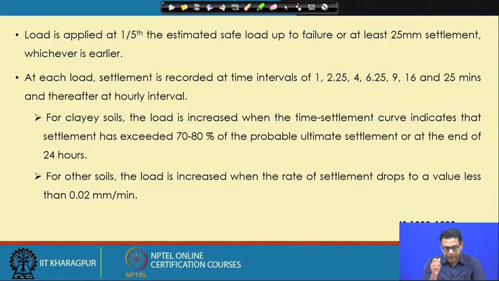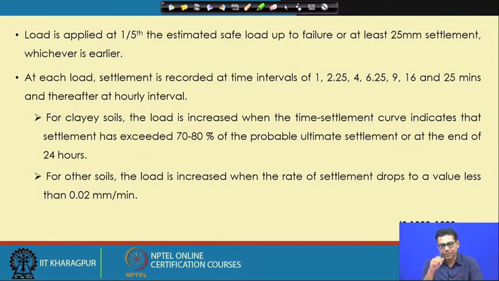So, how will we get the safe load? By using the available bearing capacity theories. So, we have to get the soil properties for that. Now, for each load, when we apply each increment of load, the settlement is recorded at time intervals of 1 minute, 2.25 minutes, 4, 6.25, 9, 16 and 25 minutes, and thereafter every hour we have to take the reading.